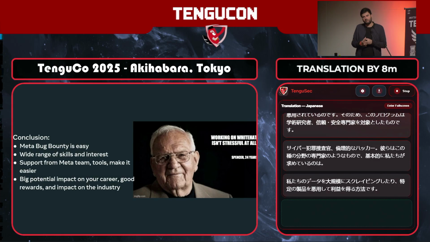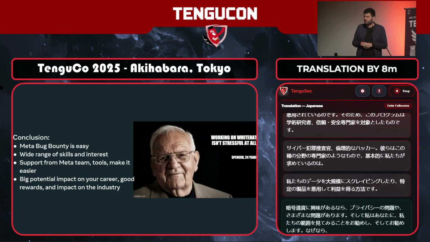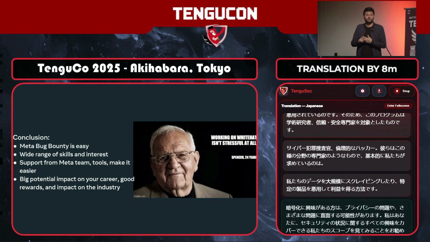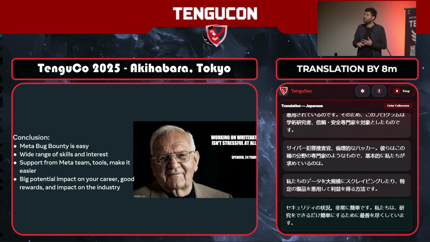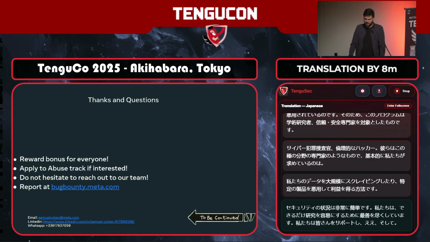And I really advise and encourage you to look at our scope because our scope can cover all interests of the security landscape. It is very easy. We do our best to make research as easy as possible. We do support you guys. And yeah, it's a really great opportunity career-wise and to get some money at the same time.